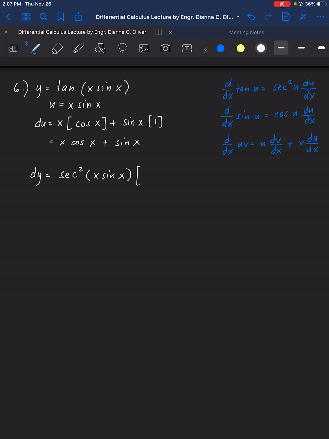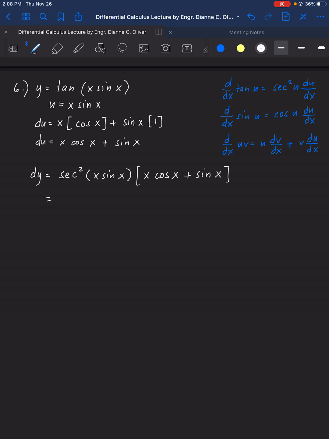The derivative of u, which we have solved a while ago, is x cosine x plus sine x.